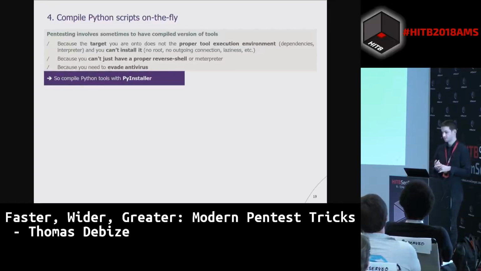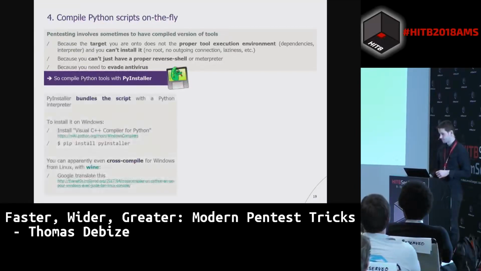In all those cases, you can compile your Python tool into a native executable, Linux, Windows, whatever architecture, with PyInstaller. Who in this room knows about and has ever used PyInstaller? Okay, a few hands. That cool logo. So PyInstaller technically bundles the script with a Python interpreter to install it on Windows.